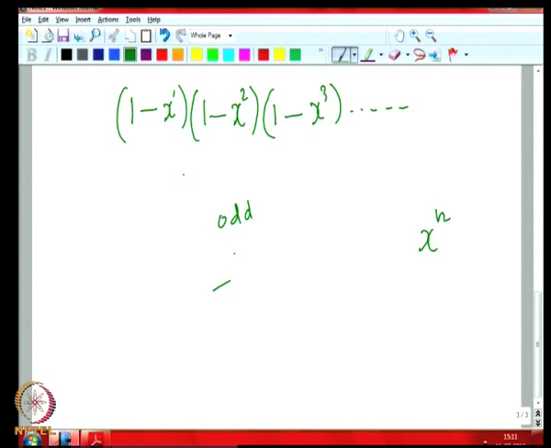For instance, let us look at x raised to 10. So, x raised to 10 can be made by 1 plus 3 plus 6, this is fine. So, this will be taken to form x raised to n like this. So, we have to get x raised to 1, x raised to 3 and x raised to 6.